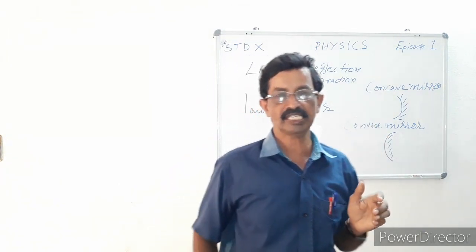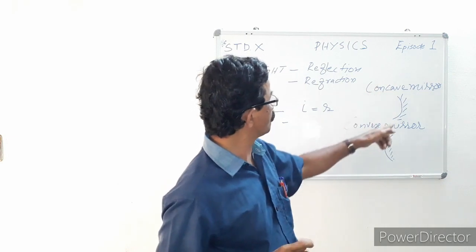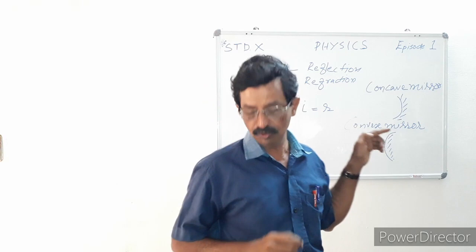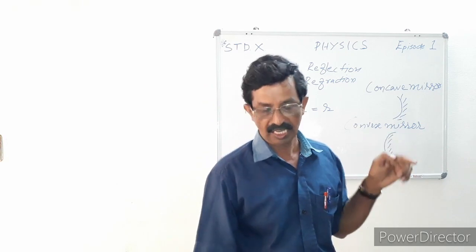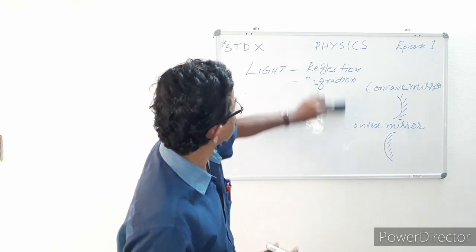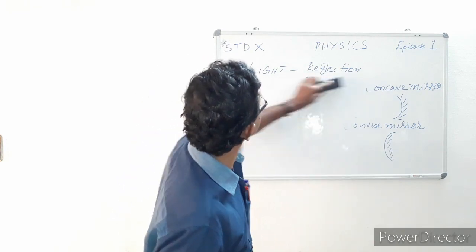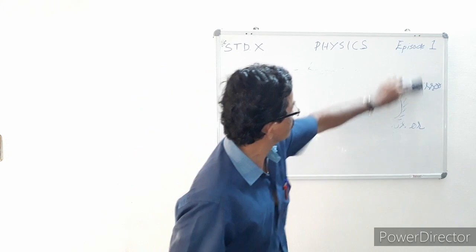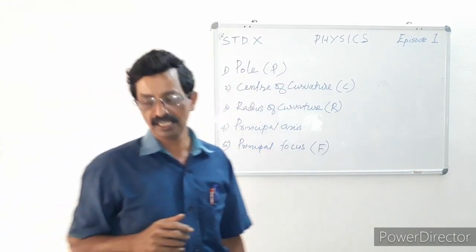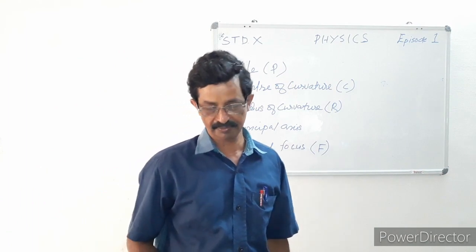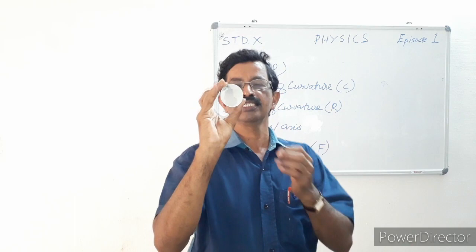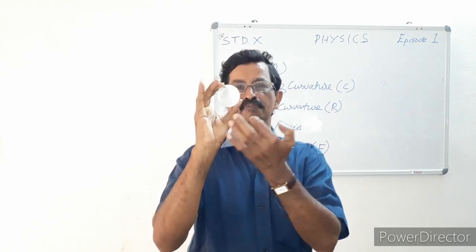Now we want to discuss some terms related to these mirrors. Among that, the first one is the pole of the mirror. See, this is a concave mirror. This is its reflecting part.